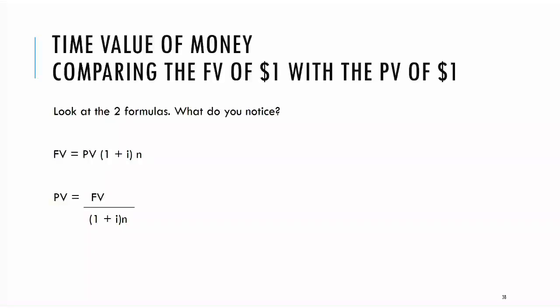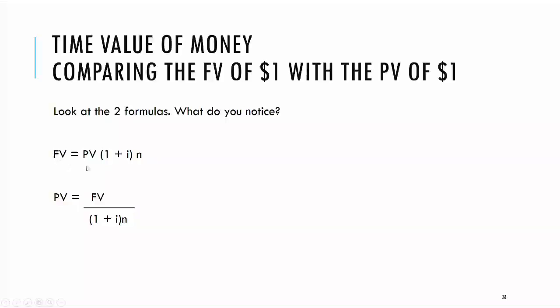Look at these two formulas. Have you noticed anything? If you can remember one formula, you can make the other one. You don't have to remember both formulas. Future value equals present value multiplied by (1 + i) to the power n. So this is the formula to calculate the future value.